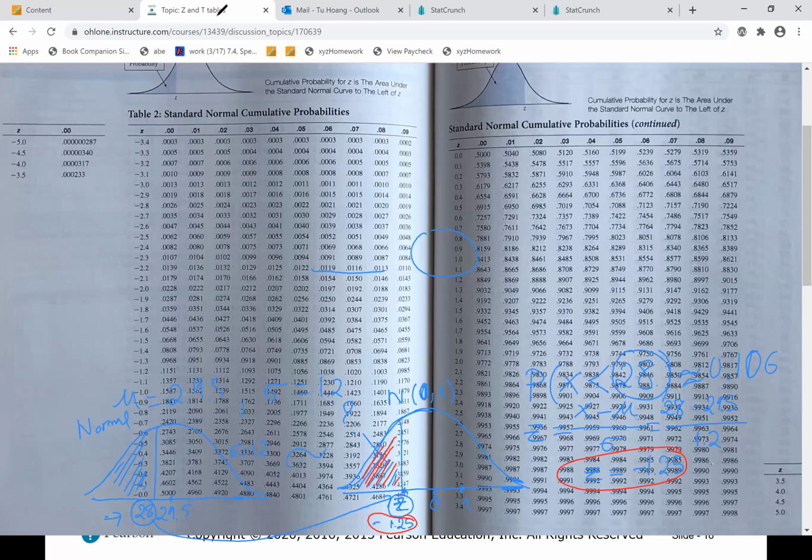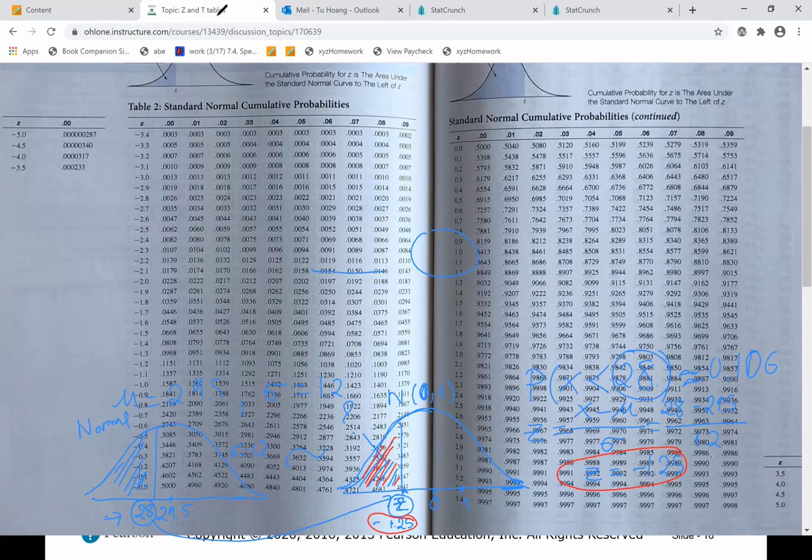Okay, now because this talks about the standard normal cumulative probabilities, and because it is negative, we have negative 1.25. The first column here is the z value. You will look at the negative z values, which is the left page here. So we are looking for z equal to negative 1.25.